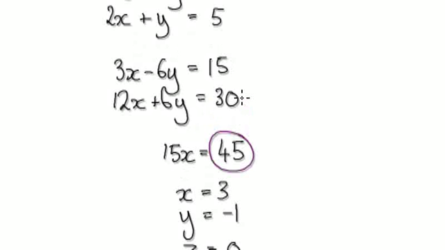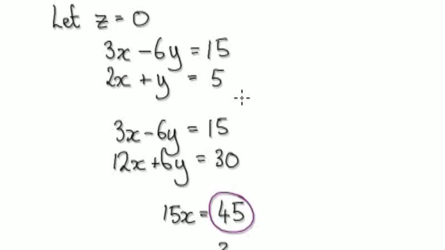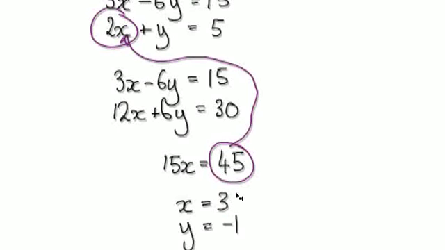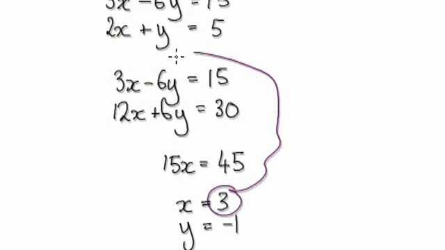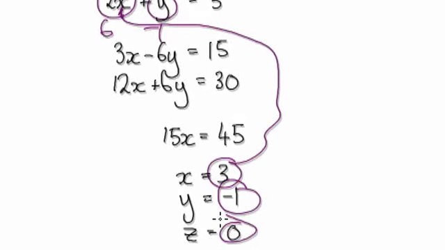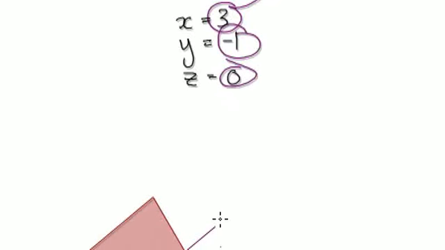Once you've got your x here, go back to here and put it into here. This will be 6, so y must be negative 1. z equals 0. So hang on, let me think.